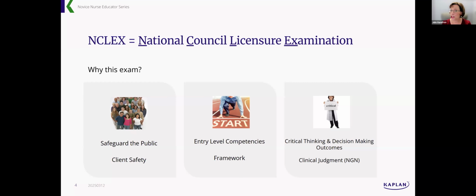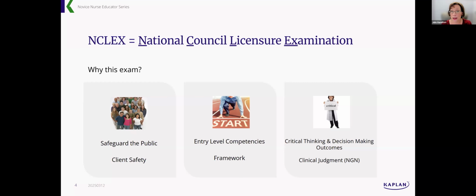Now, the Next Generation NCLEX, or the NGN, is something new on the NCLEX that was approved and distributed to NCLEX test takers in 2023. You want to get familiar with this Next Generation NCLEX because it's different than the normal NCLEX that we took in the past.